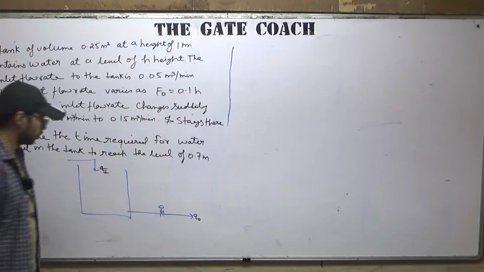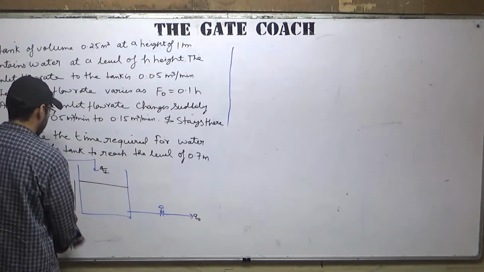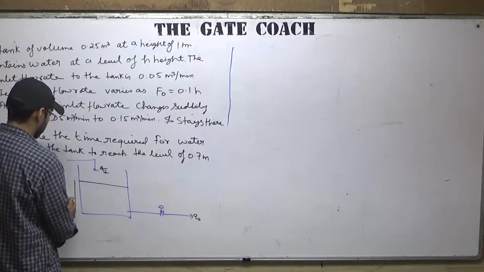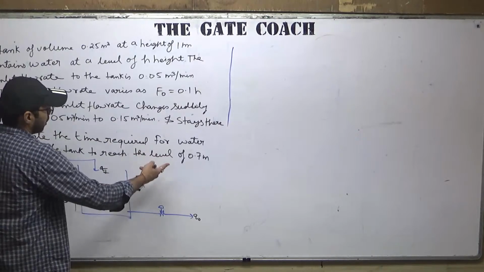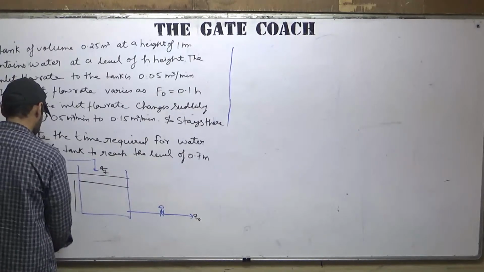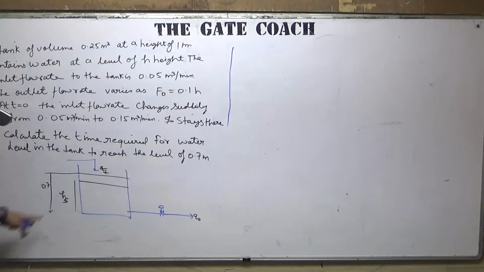That is not the case. This is the height, and we want a time. This is hss. We want the time at which the level reaches 0.7. If I am able to anticipate this hss, my equation will be much easier to solve.